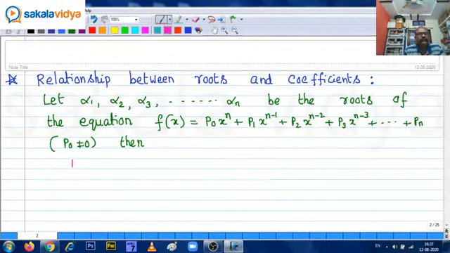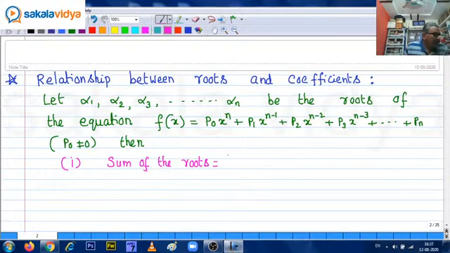first result. First one, sum of the roots. Sum of the roots means alpha 1 plus alpha 2 plus alpha 3 and so on up to alpha n. That can be written as sigma alpha 1, instead of writing alpha 1 plus alpha 2 and so on.